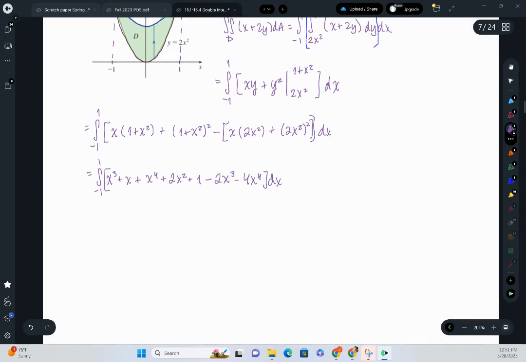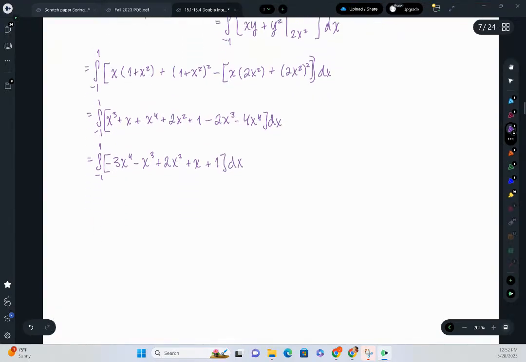Now I'm going to combine like terms. So going in descending order, integral from -1 to 1, I have -3x to the 4th, negative 1x cubed, 2x squared, 1x, and 1 constant. Okay, so that simplifies things just a little bit.